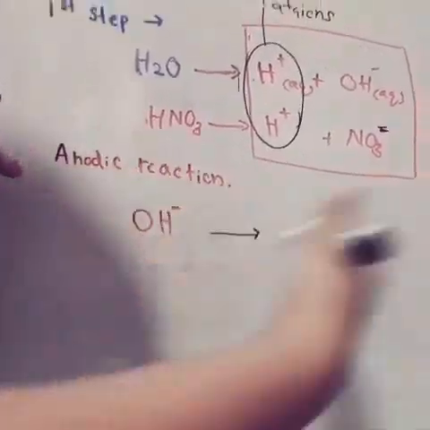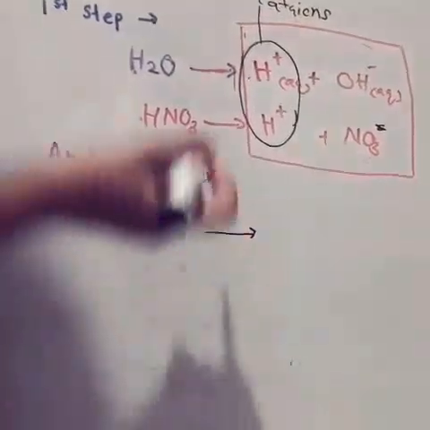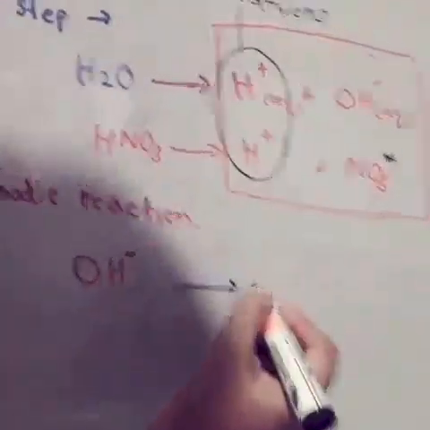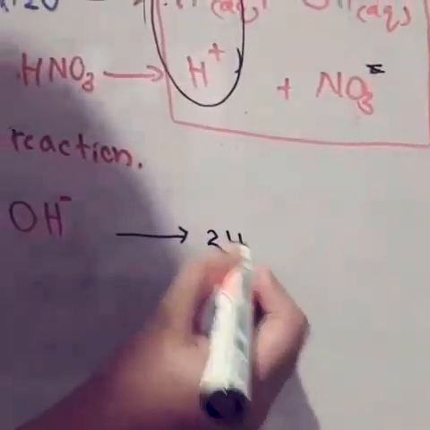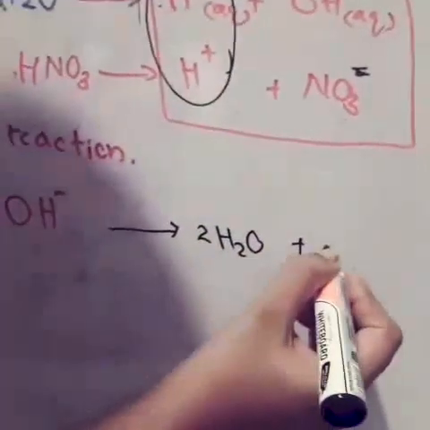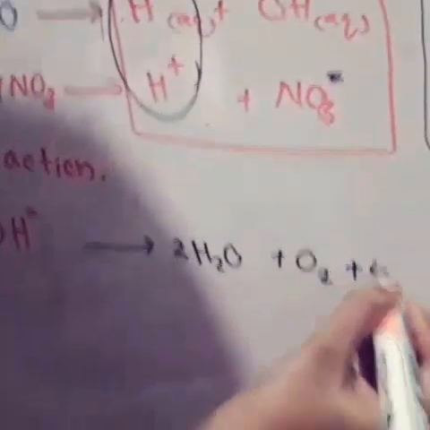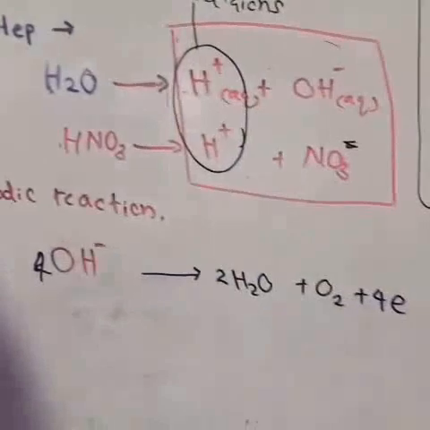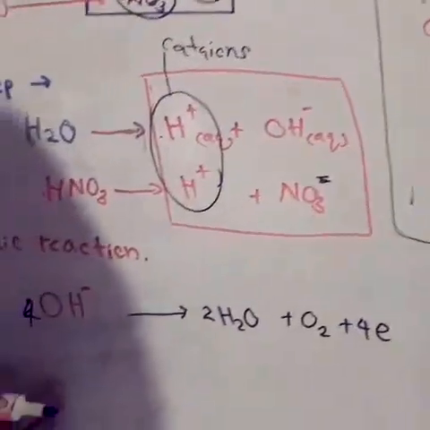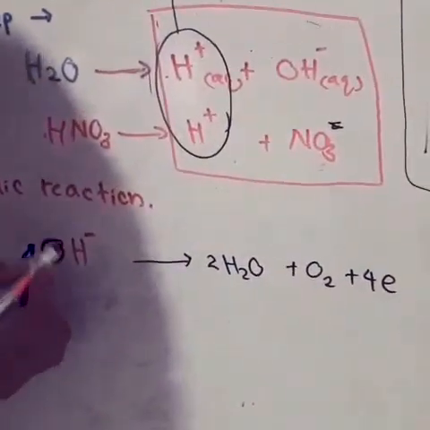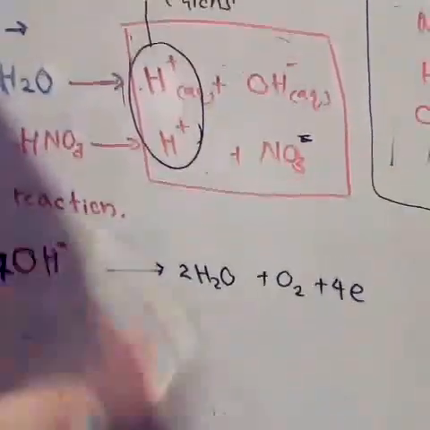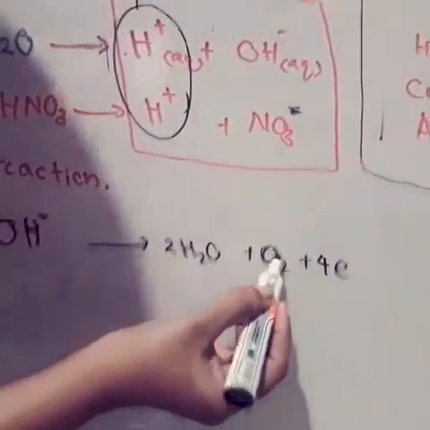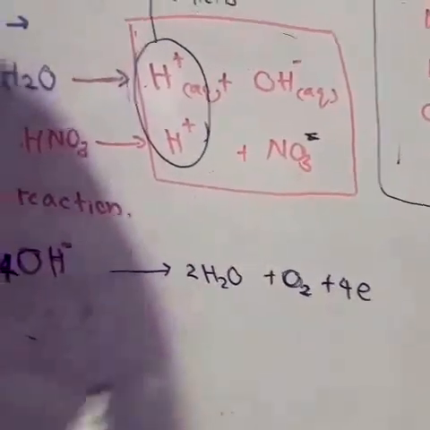Therefore, it releases electrons. What is happening near the anode is OH turning into two water molecules, oxygen and 4 electrons. When it is balanced, this should be 4 OH. Just remember this equation. 4 OH ions can turn into 2 molecules of H2O, 1 oxygen molecule and 4 electrons.